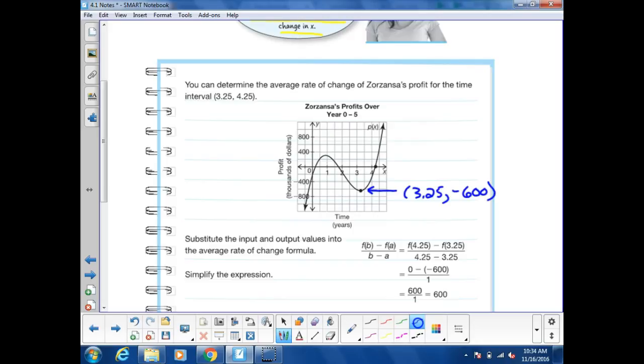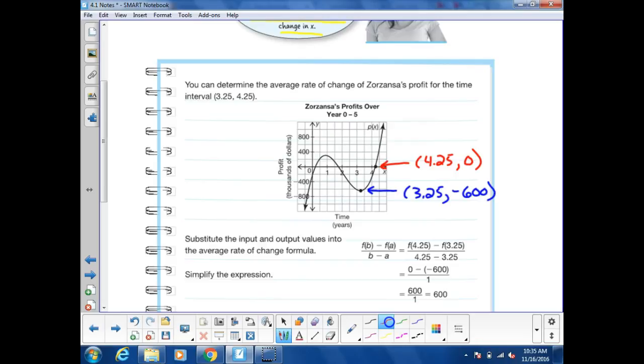Then I also need this point, which is the point 4.25, comma, 0. So if I'm going to calculate the average rate of change there, I'm going to take the y's and subtract them, and divide that by the x's subtracted. So that's what they did here.